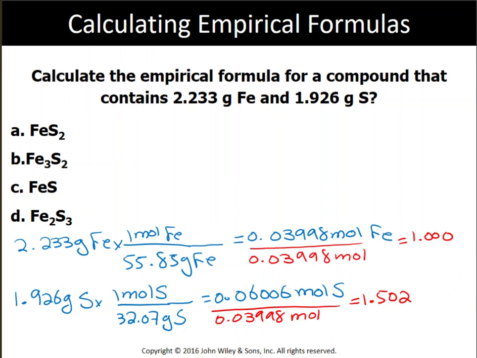Now, what we want to do from here, because our goal is to end up with the smallest whole number ratio, is multiply the number of moles we found here by a factor in order to end up with whole numbers. So how do we find that factor?